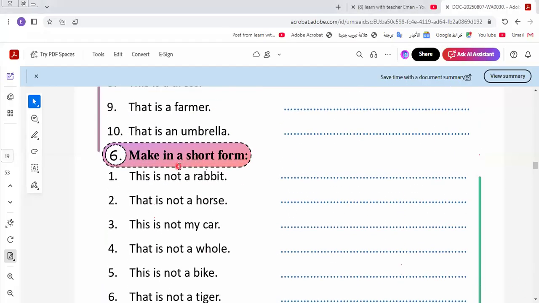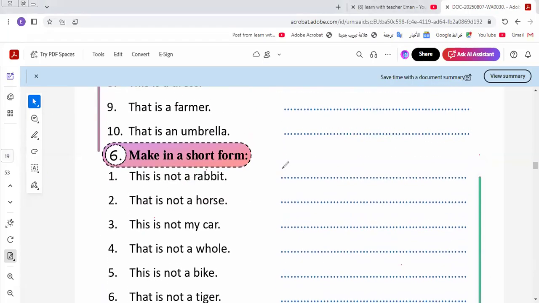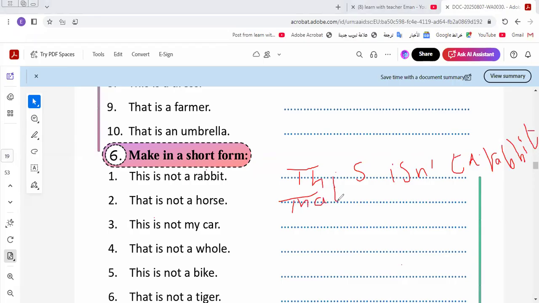Here we make the short form. I show you how to do the short form. I answer two sentences, and I will leave the rest for you to do by yourself. Short form is like this: This isn't a rabbit. That isn't a horse.